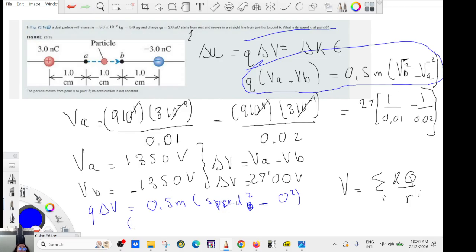Okay, so Q is 2 times 10 to the negative 9, and then you have the voltage drop, and then you have the 0.5, and then you have the mass, which is 5 times 10 to the negative 6, and then you have the speed squared. So I don't know because I didn't do it.